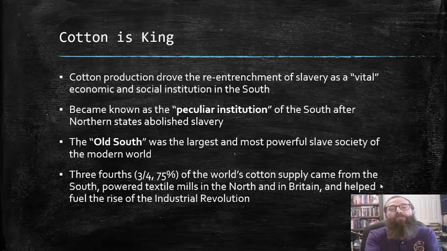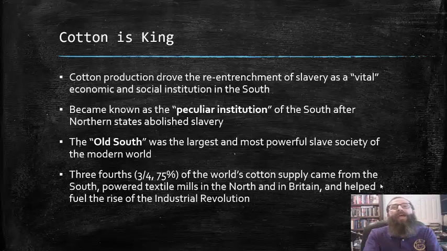Cotton production drove the re-entrenchment of slavery as a vital, according to those that produced cotton, economic and social institution in the South. It became known as that peculiar institution of the South after northern states abolished slavery.